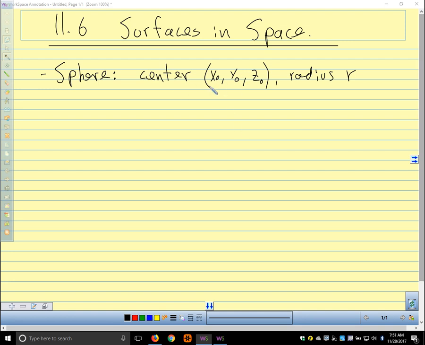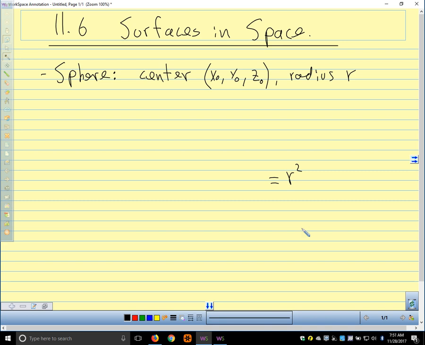Well, so we have our center is at x0, y0, z0. So what would you guess? Equals r squared. That's good.